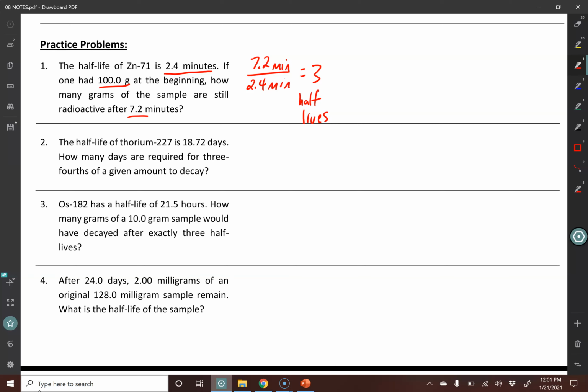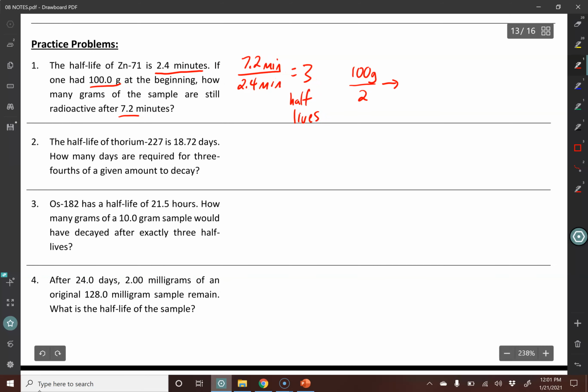The way I would do this, it's very inelegant mathematically, but I would take my 100 grams and I would divide it by 2 until I have 3 half-lives elapsing. So 100 divided by 2 would give me 50. Divided by 2, 25 grams. Divided by 2 is going to be 12.5 grams.